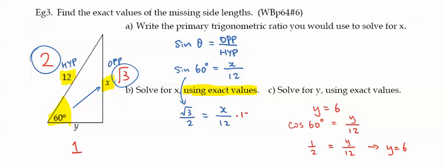Solving for x, as I multiply both sides by 12, the 12 will now be gone, and those two can be simplified to 6 and 1. Well, technically, 6 times root 3 would now be the length for this opposite side.